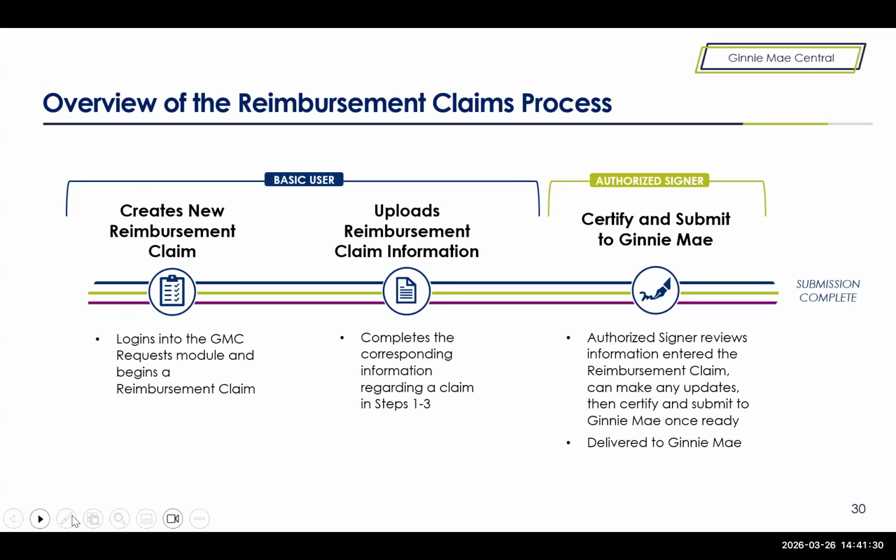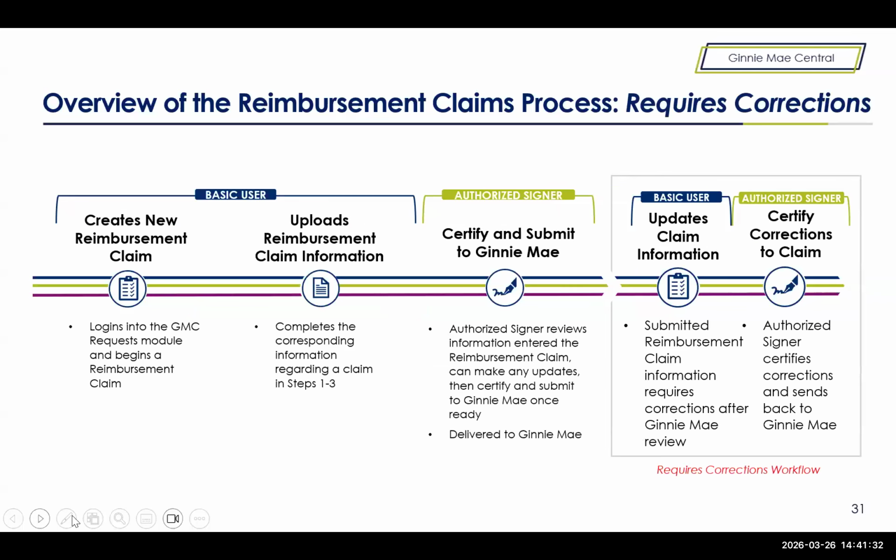Moving on to the last slide here before our demo. If you submit something and then Ginnie Mae sends it back for corrections regarding maybe some discrepancy in the information that has been submitted, you will get a notification that your claim is requiring corrections.